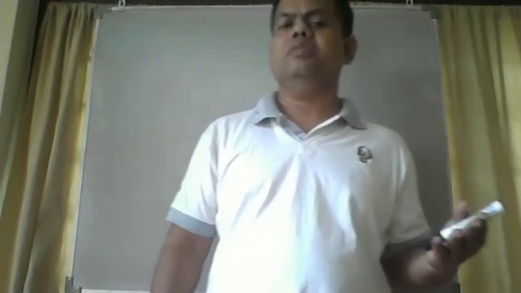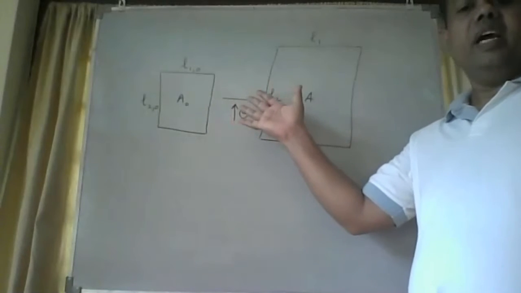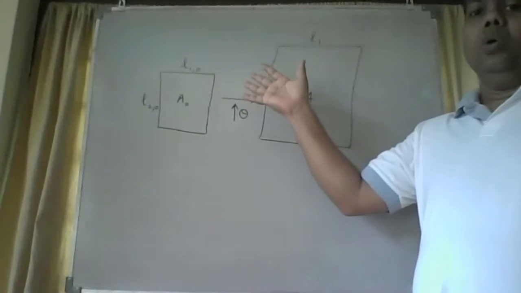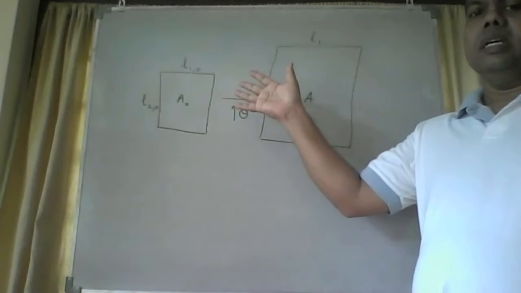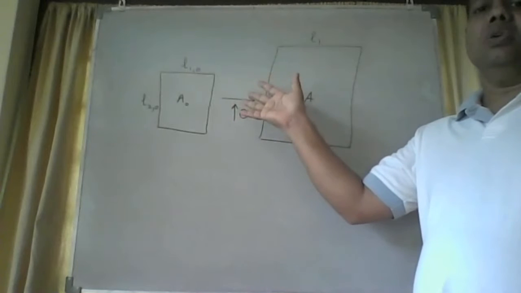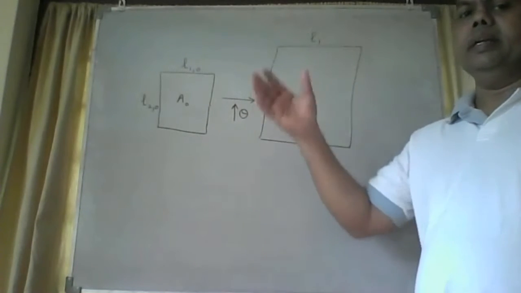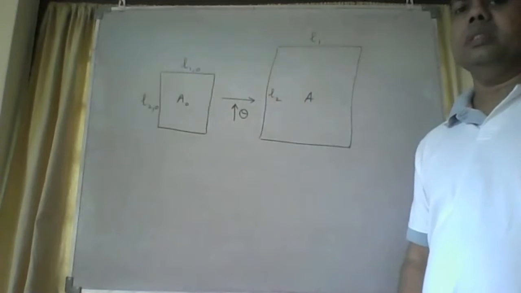We can find a relationship between linear expansivity and area expansivity as follows. Imagine we have a rectangular sheet metal whose lengths are L10 and L20 respectively, and area A0.